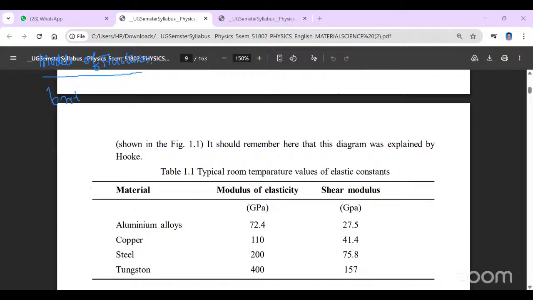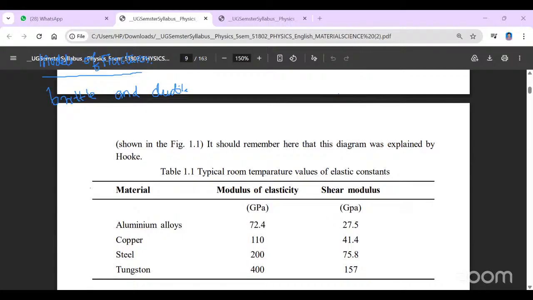Generally, a ductile fracture occurs on account of plastic deformation, whereas a brittle fracture occurs without plastic deformation.